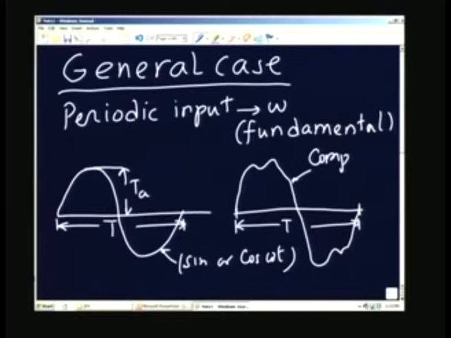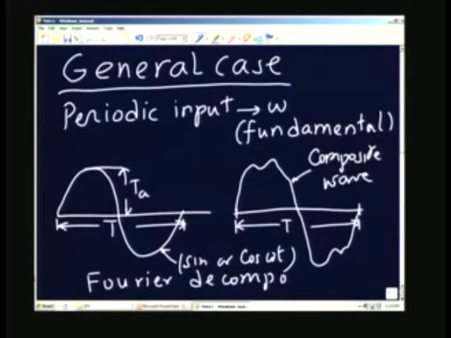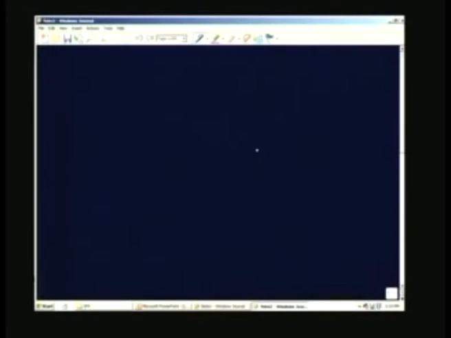That means that it is going to be given as a sum of terms like this. Okay. We can in fact write what is called a Fourier decomposition. And I will just briefly indicate this Fourier decomposition on the next page.